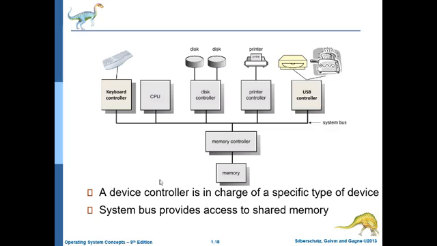And if CPU needs some information, it will ask the controller, and the controller will ask the memory for that information, and it will give it back to the CPU. So a device controller is actually in charge of some type of device, and then the system bus provides access to the shared memory. Why is it called shared memory? Because there is a single memory and all those devices use the same memory, so it is called the shared memory. Okay.